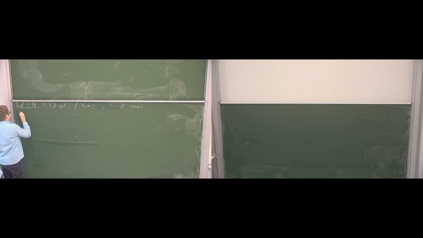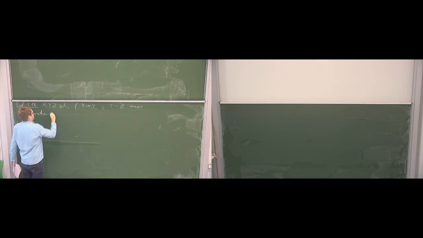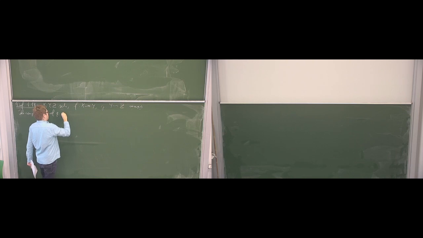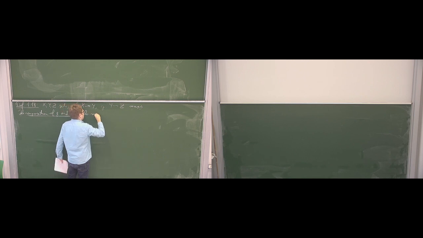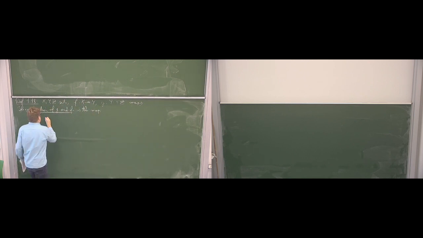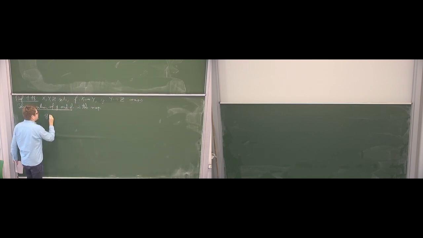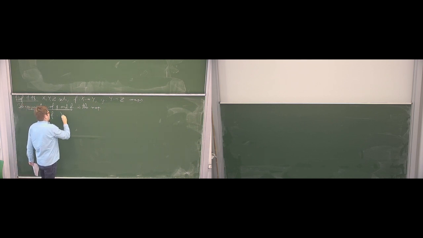We can compose them. The composition of g and f is again a map, written with a little circle between the two, g circle f, which goes from X to Z.